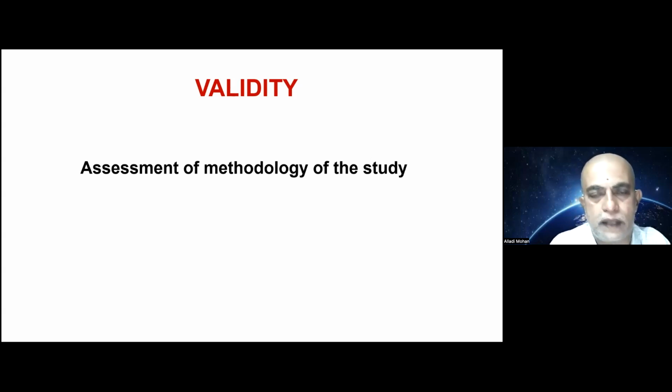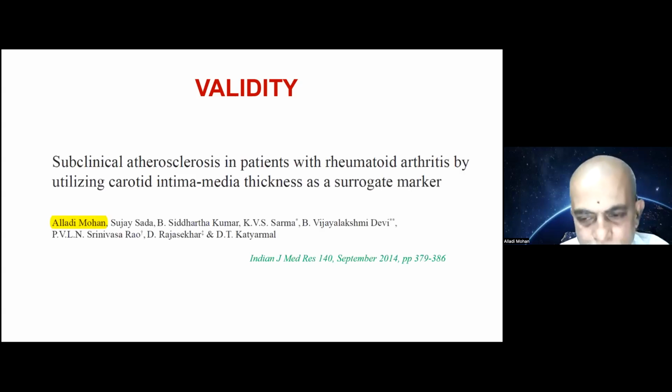So when postgraduates do a journal club of a research article, they must primarily aim at focusing on the robustness of the methodology, the reliability, the repeatability, the reproducibility, and the robustness of a given methodology. I will briefly touch upon certain aspects related to validity.